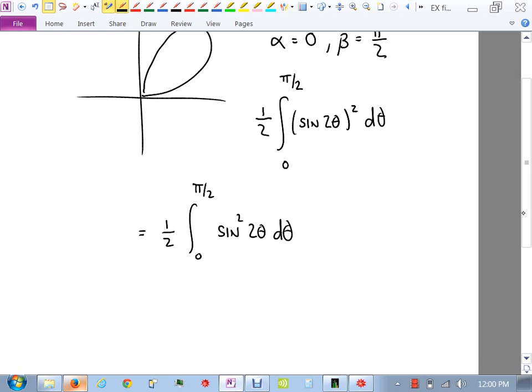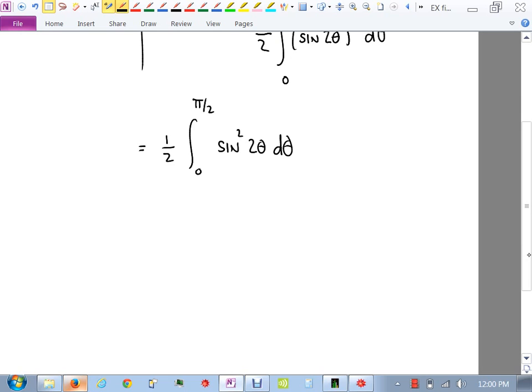How are you going to get that integral? I'm hearing lots of different answers.